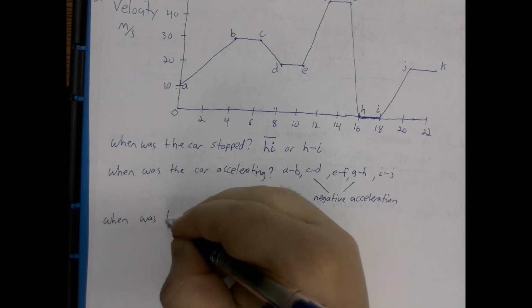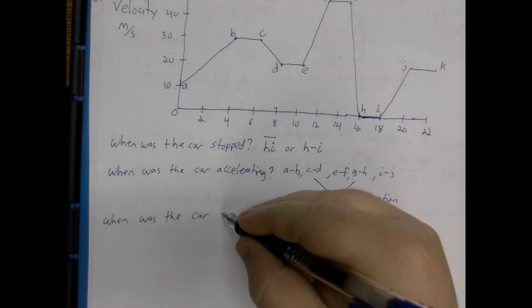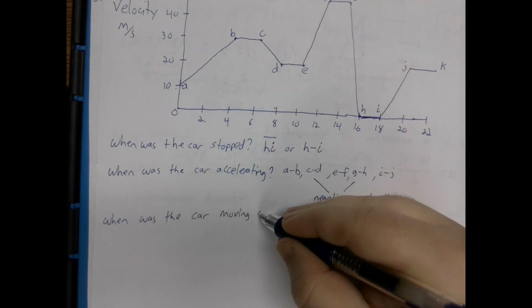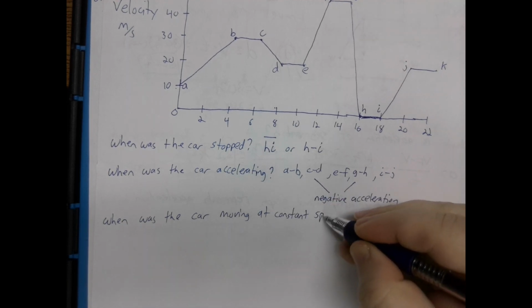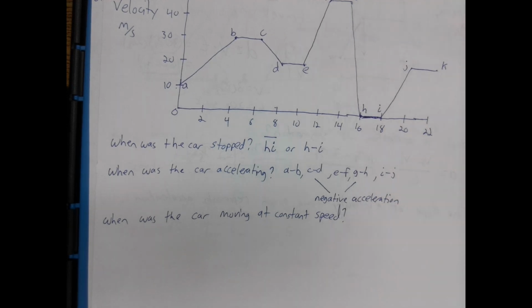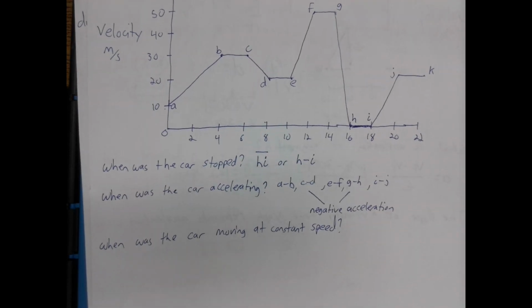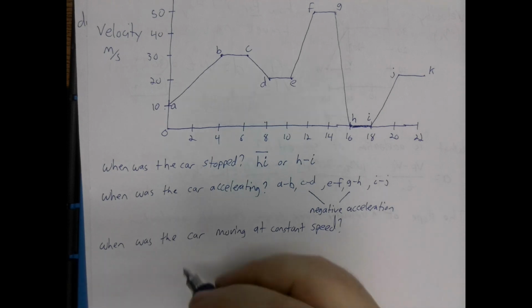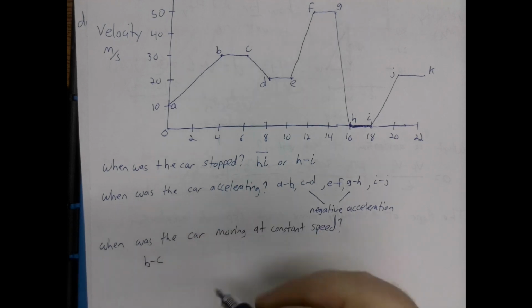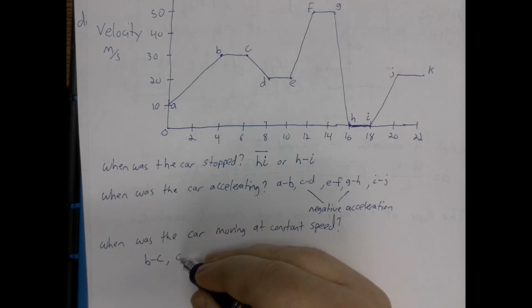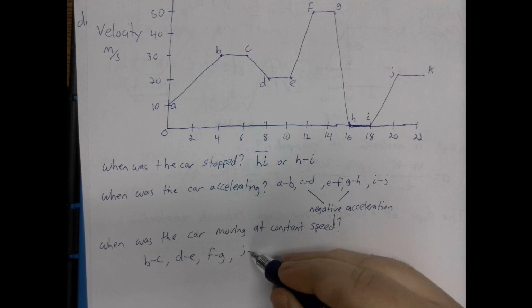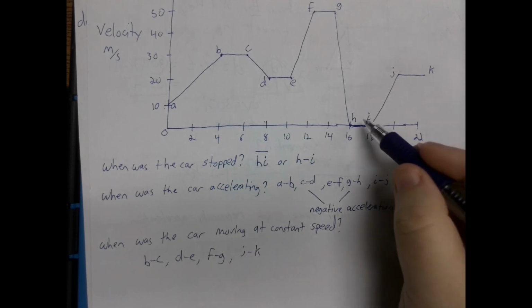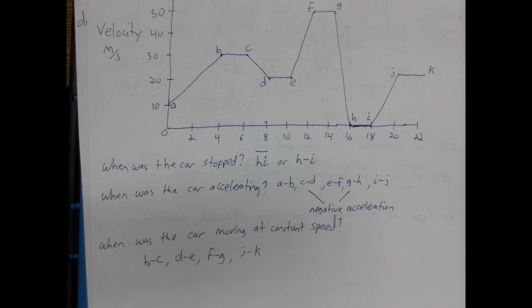When was the car moving at constant speed? So B to C, D to E, and F to G, and J to K. Note, HI is constant speed of 0, but the car isn't moving.